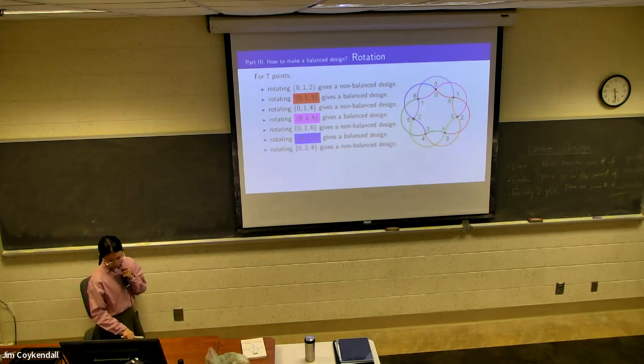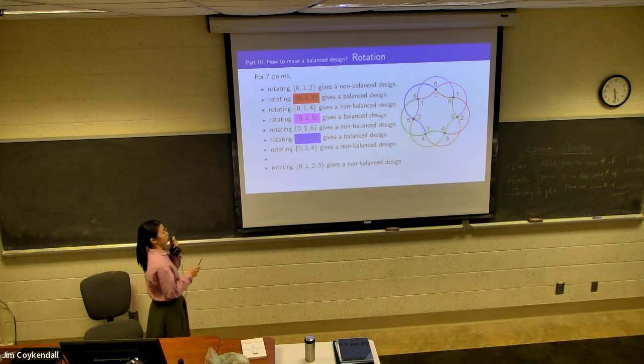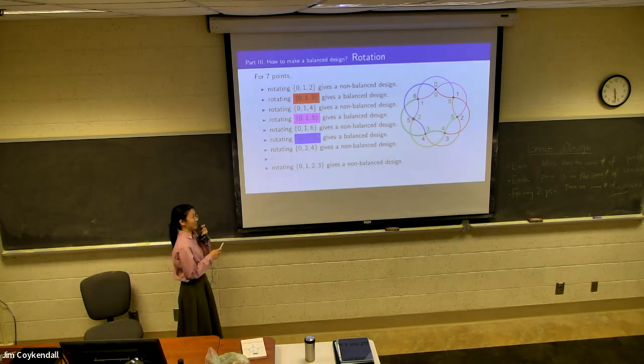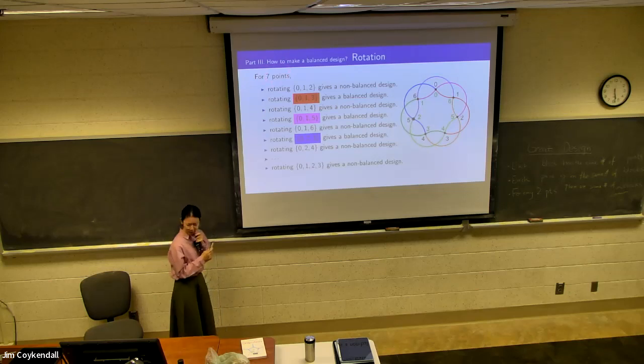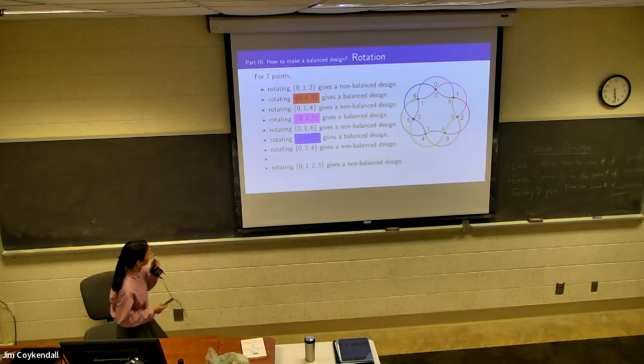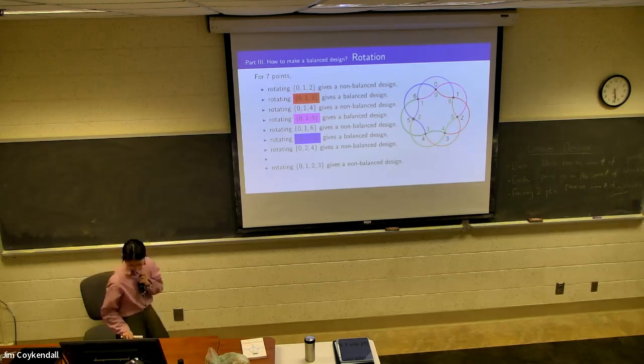And then you can keep on checking. After you exhaust all the triples, you may try to look at some four-point subsets of these 7 points, and keep on exhausting and see which one will give you the balance.